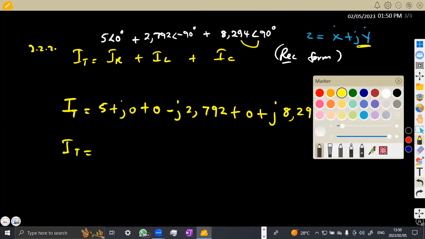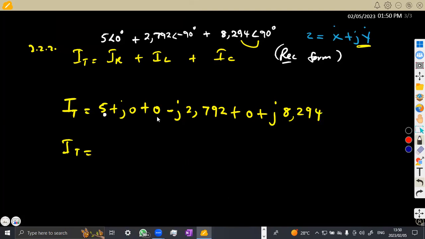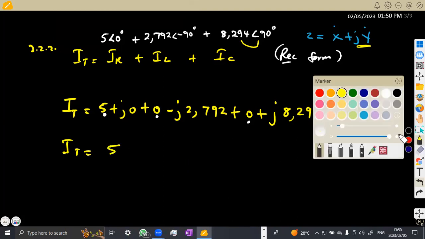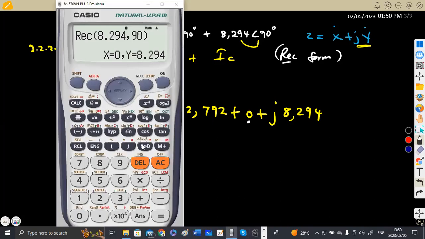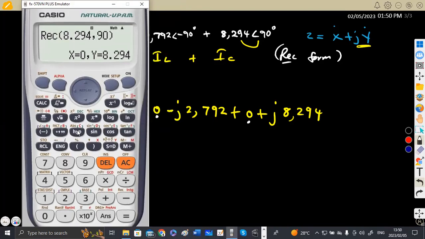Okay, so like I said, it's best, guys, to add in rectangular form. Why? You just need to add the real numbers together. So you just add 5 plus 0 on your calculator, which is 5. You add the imaginary parts together. So we've got 0 plus minus 2.792, plus 8.294, which is going to give us 5.502.